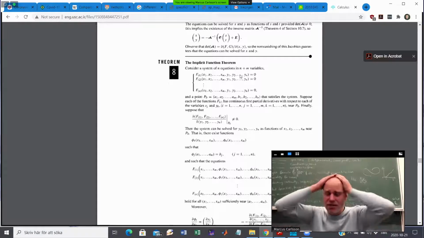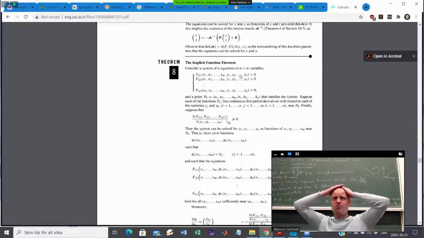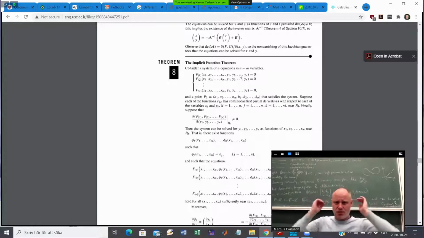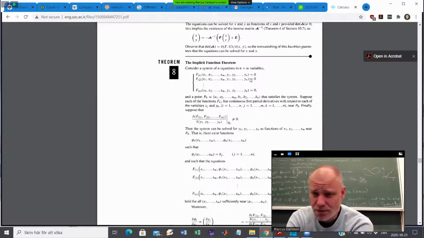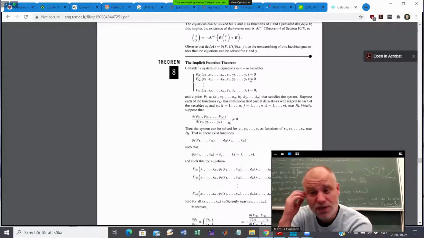And also remember, I did in my class here, just in general, to memorize this thing, if you think of F1 up to Fn as just linear equation systems, and you just imagine doing Gaussian elimination here, then this condition becomes very, very natural: if you do Gaussian elimination on this system, and the matrix of coefficients for the y's is an invertible matrix, then your elimination is going to work out.